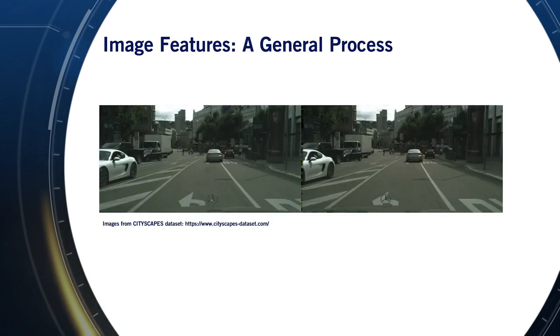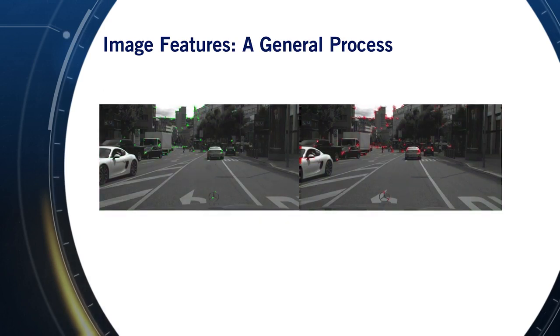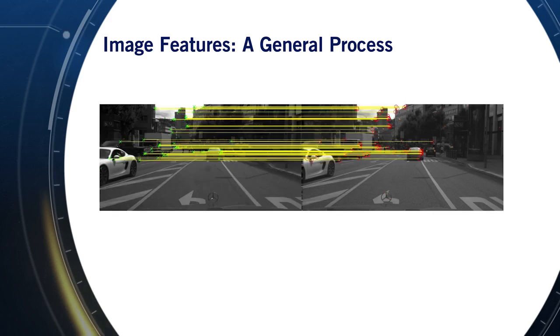But first, let's remind ourselves of how we intend to use features for a variety of perception tasks. First, we identify image features, distinctive points in our images. Second, we associate a descriptor for each feature from its neighborhood. Finally, we use descriptors to match features across two or more images.